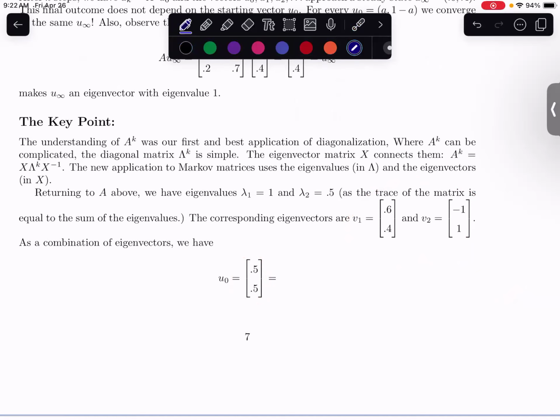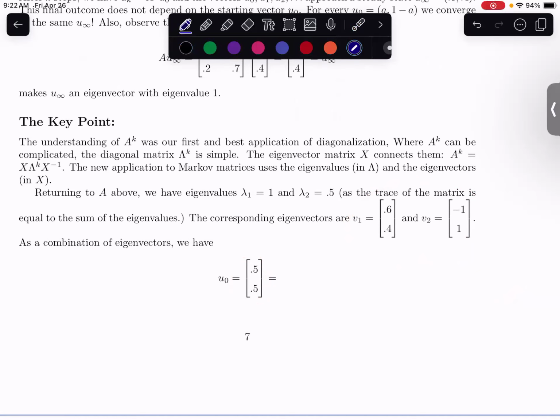So you can write (0.5, 0.5) in the following way. (0.5, 0.5) is really just equal to (0.6, 0.4), and so we want to go from 0.6 to 0.5, and then we have a minus 0.1. So this is going to be plus 1/10 multiplied by (-1, 1).